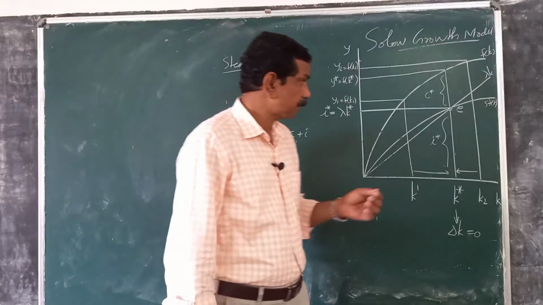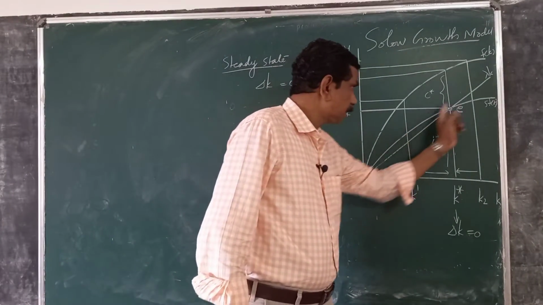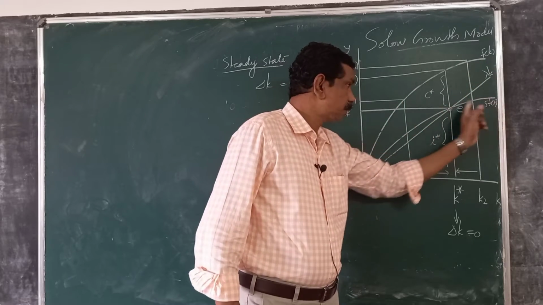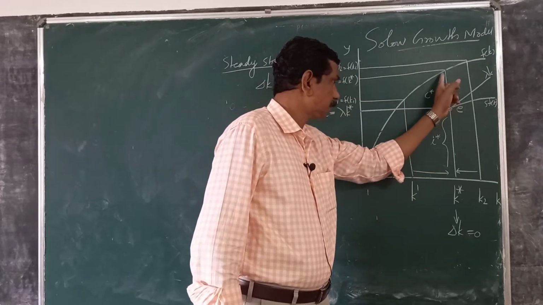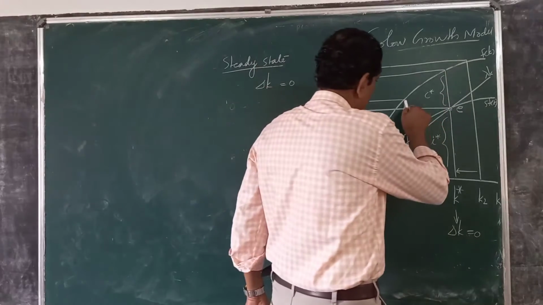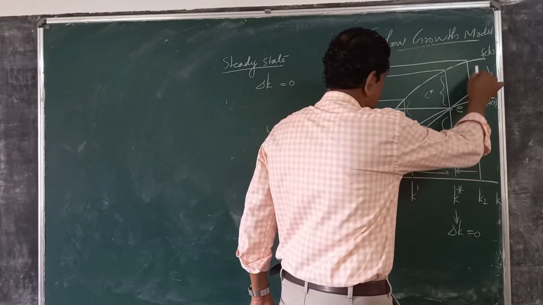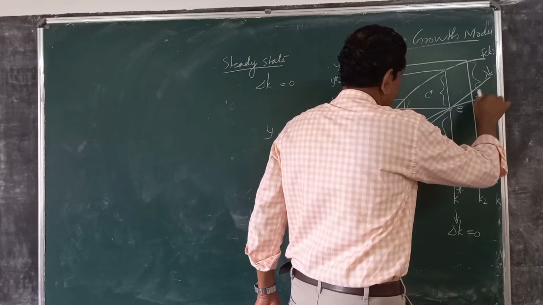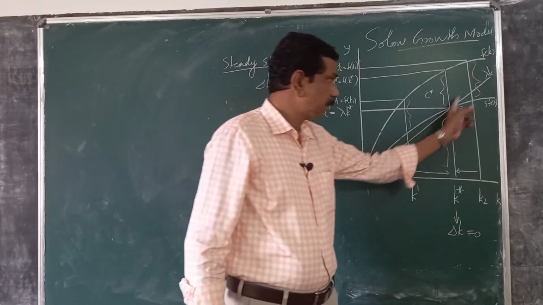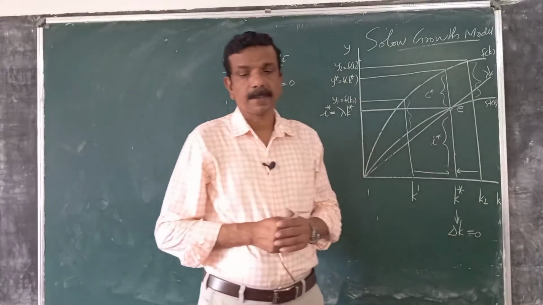It is the difference between these two curves, sf(k) and f(k), that is, consumption per worker associated with the different levels of K by L.